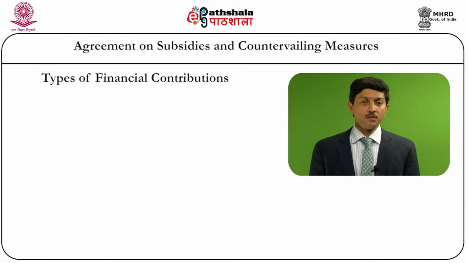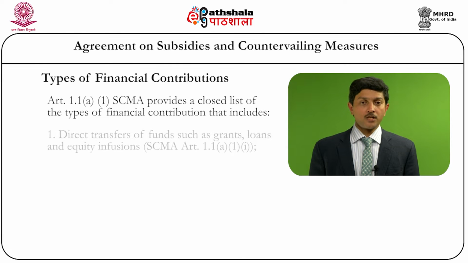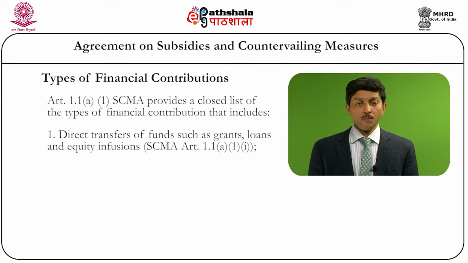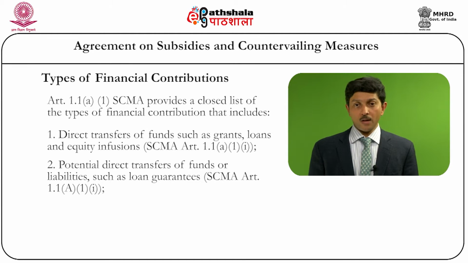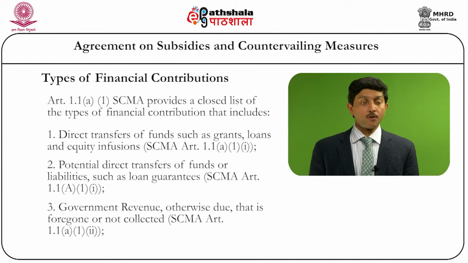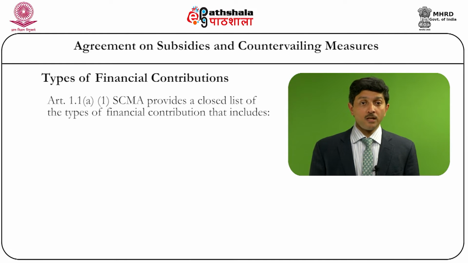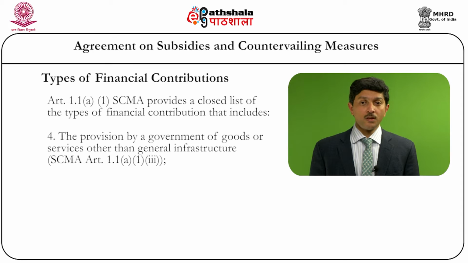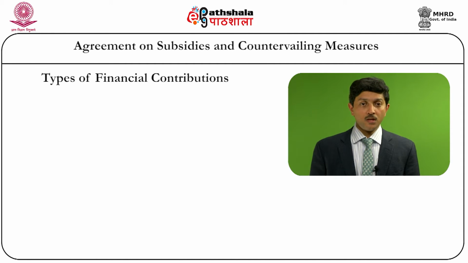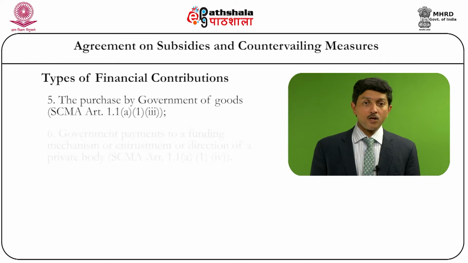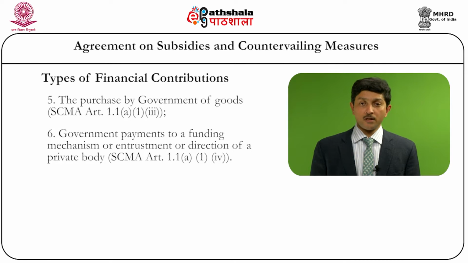Article 1.1 of the SCM Agreement provides a closed list of the types of financial contribution, and it includes direct transfers of funds such as grants, loans and equity infusions; potential direct transfers of funds or liabilities such as loan guarantees; government revenue otherwise due that is foregone or not collected; provision by government of goods or services other than general infrastructure; purchase by government of goods; and government payments to a funding mechanism, or entrustment or direction to a private body.